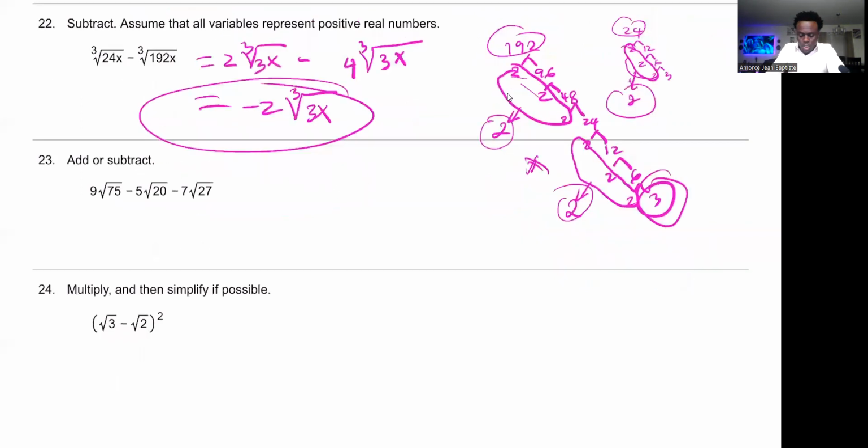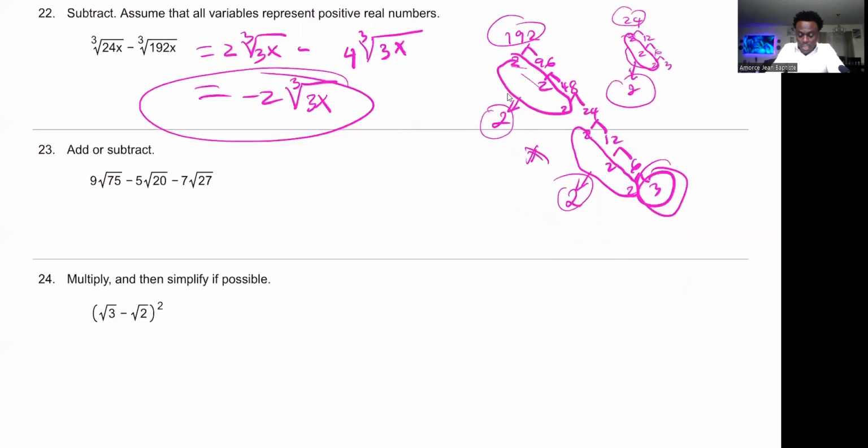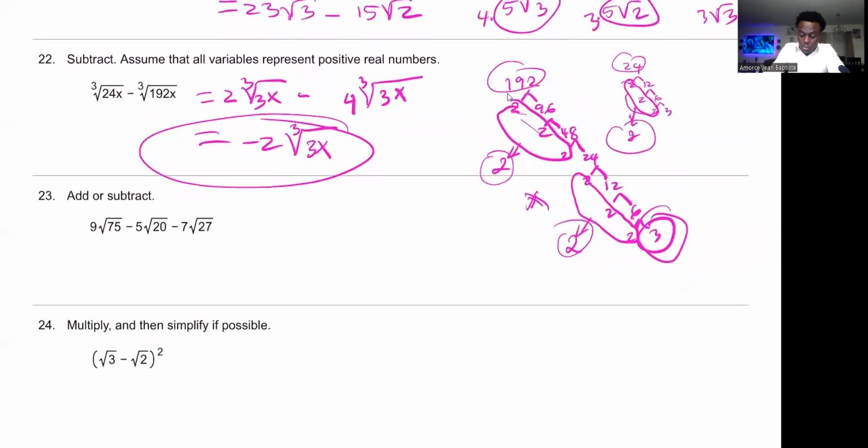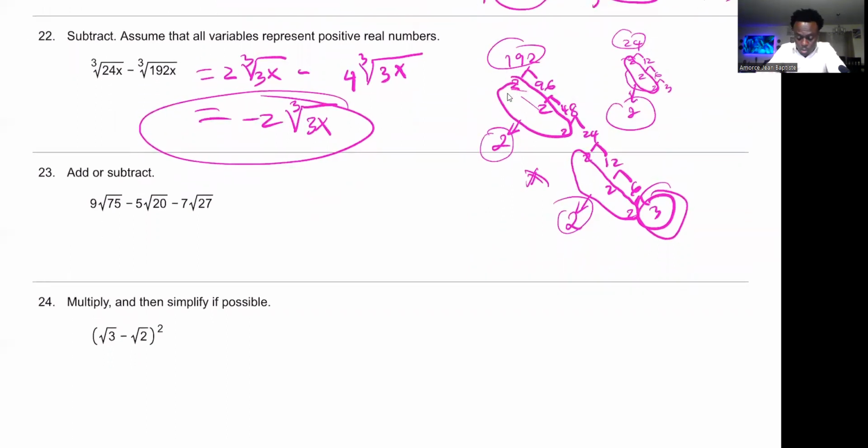Okay, so let's move on to next. This, we've done one problem like this already, almost the same, right? So we want to do it here too, to make sure that you guys have enough practice to pass this test. You get that part. You're not going to fail this one, right? Yes, we'll get that. 75, 20, and then 27.